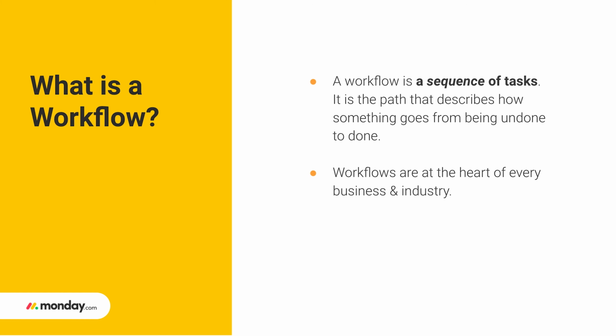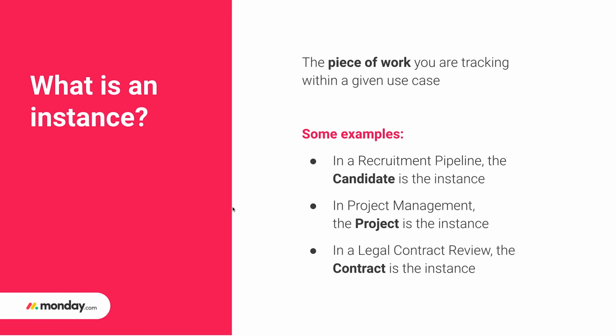So now I'm going to go into the next key term that we need to understand, which is what is an instance. So this might be the hardest one to explain. An instance is the piece of work you are tracking within a given use case. So remember, we're focusing on the workflow category of use cases, and that's how these examples go as well.